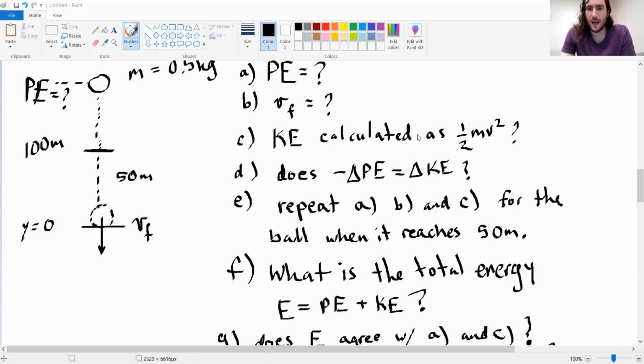To get the final velocity, you have to work with what we developed earlier, the √2gh. So 44.3 meters per second. Let me get my calculator out and confirm that for you guys. Yep, so 44.3 meters per second is good.